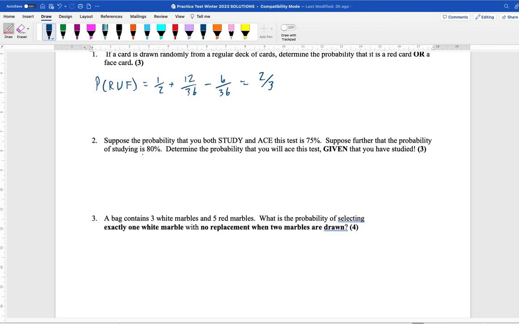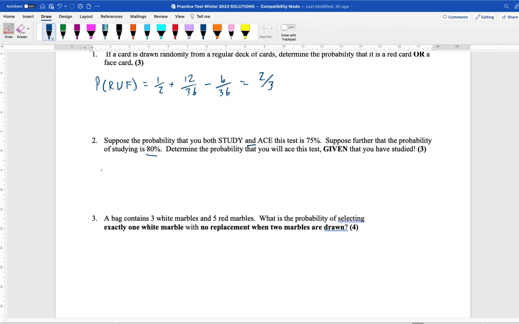So suppose that you study and ace this test. Suppose the probability of studying is 80%. What's the probability of ace the test given you studied?